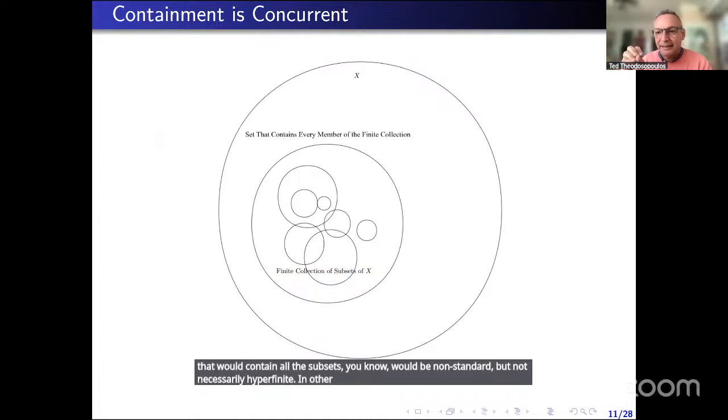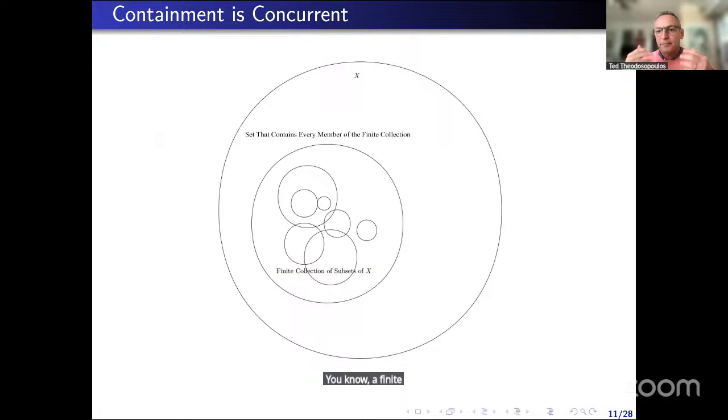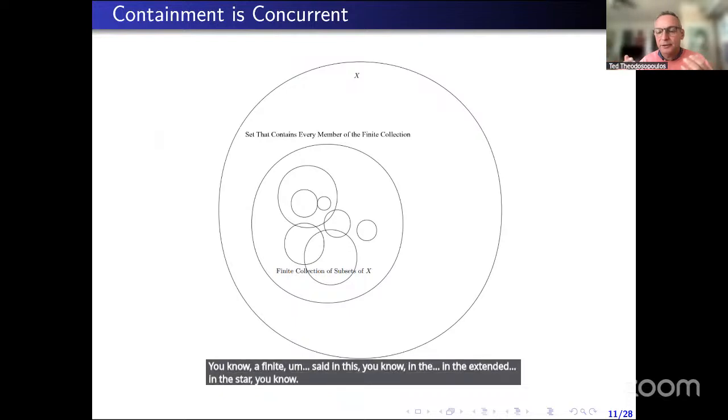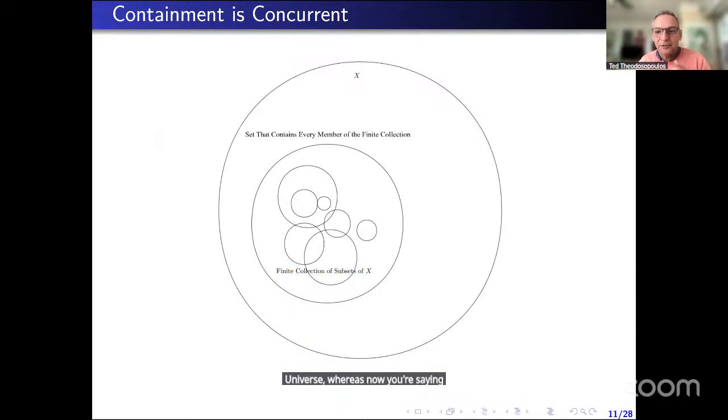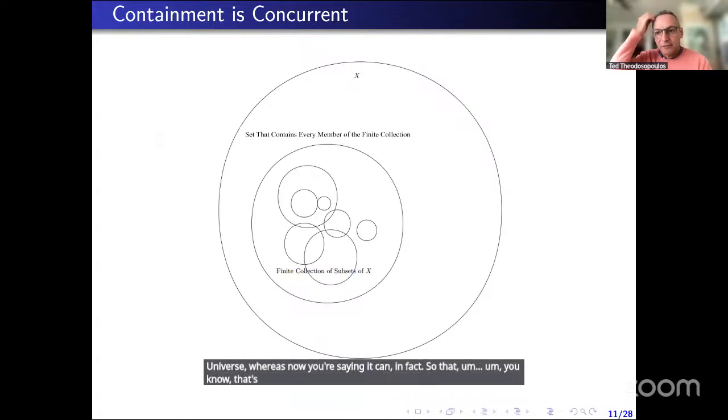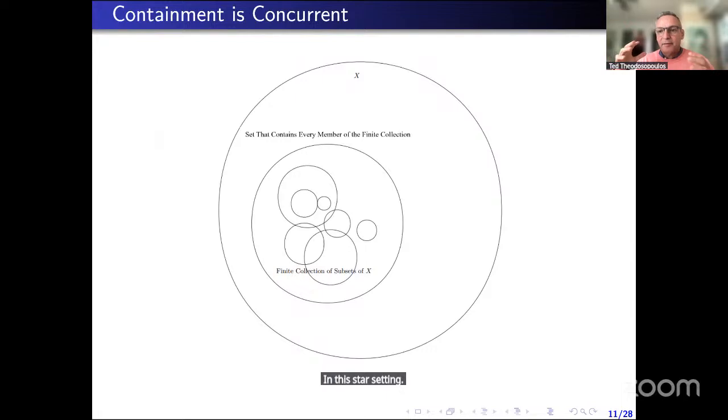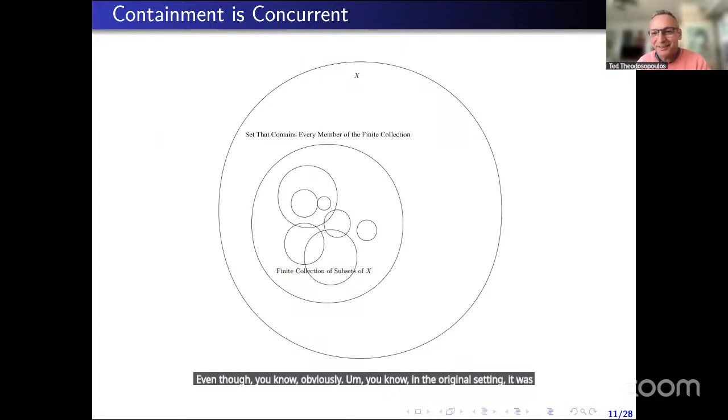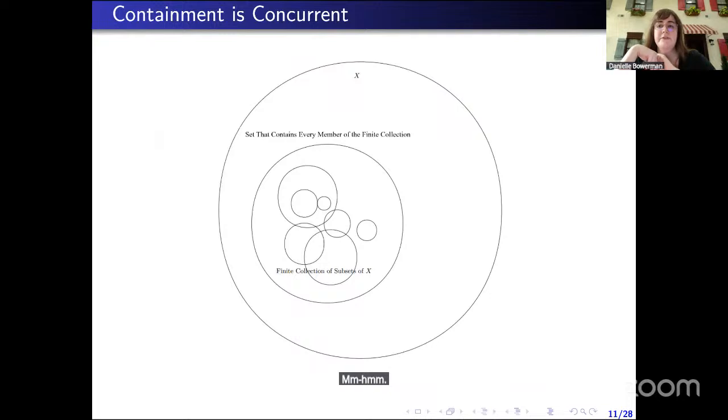In other words, it can't act as a finite set in the star universe, whereas now you're saying it can. The strength of the statement relies on the fact that in this star setting, the set of all subsets of the original thing can be considered finite, even though in the original setting it was the biggest thing ever, so it's certainly infinite. It's interesting how quickly you can shrink stuff down relatively.